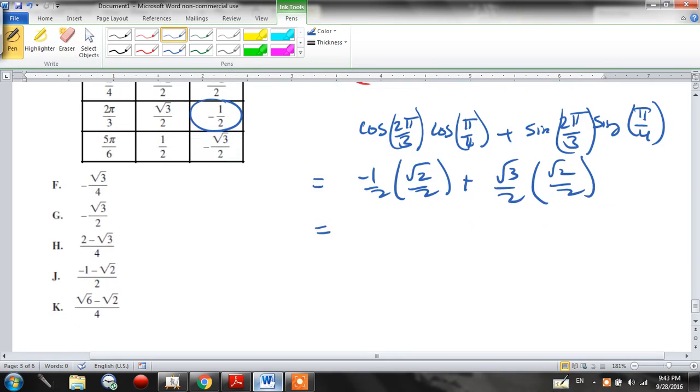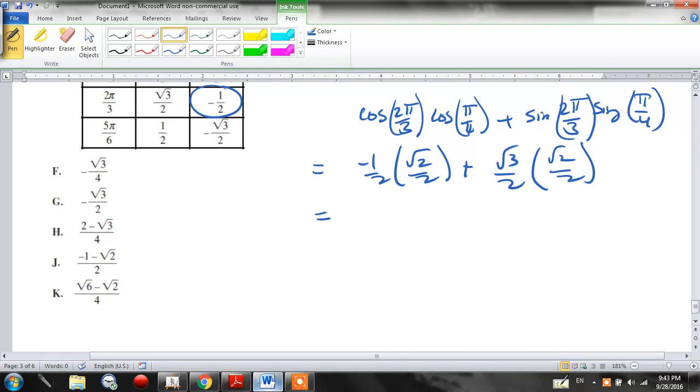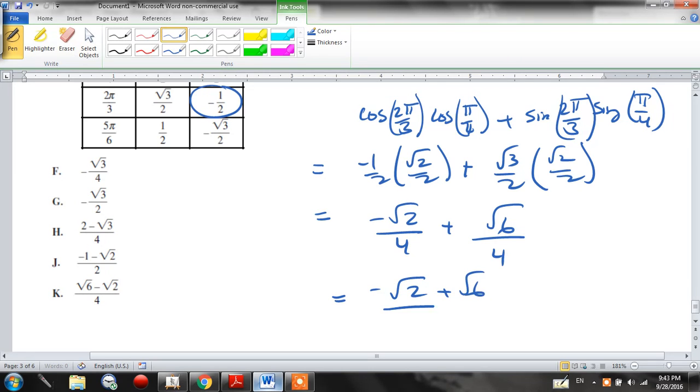Now we just have to simplify it. So it's going to be negative square root of 2 over 4 plus square root of 6 over 4. So that's negative square root of 2 plus square root of 6, all over 4.